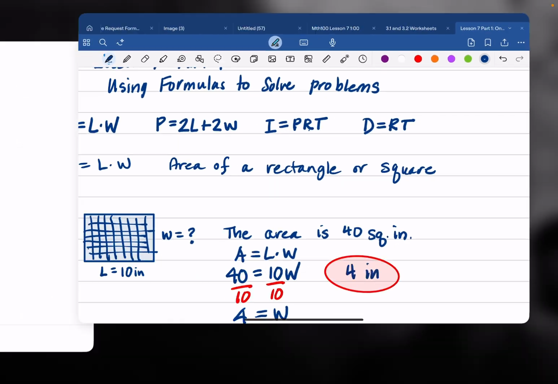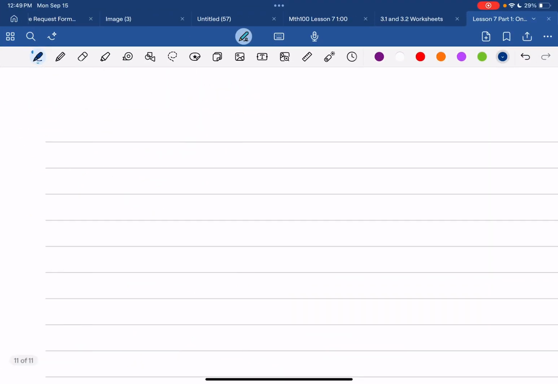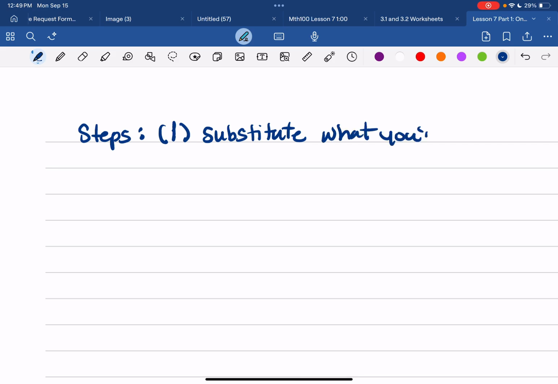But regardless of the formula, what you want to do is, number one, substitute what you're given into the formula.